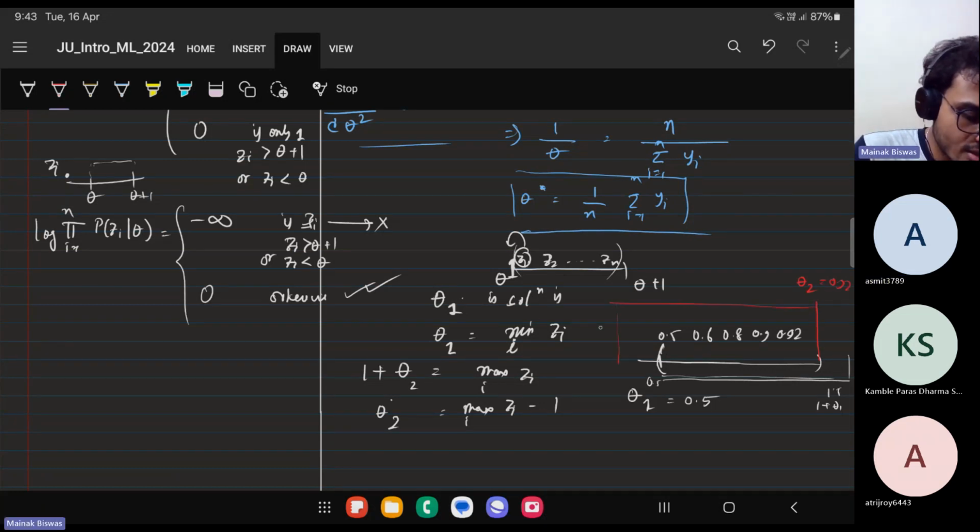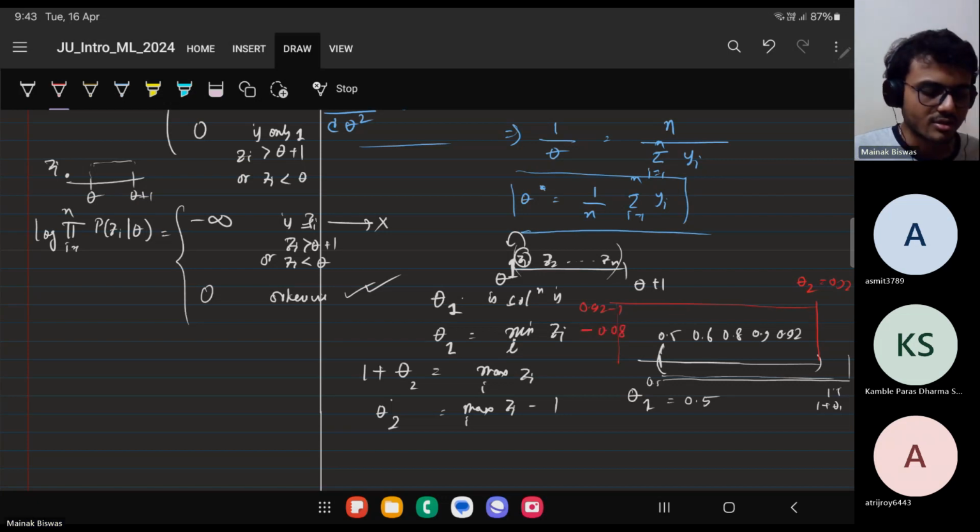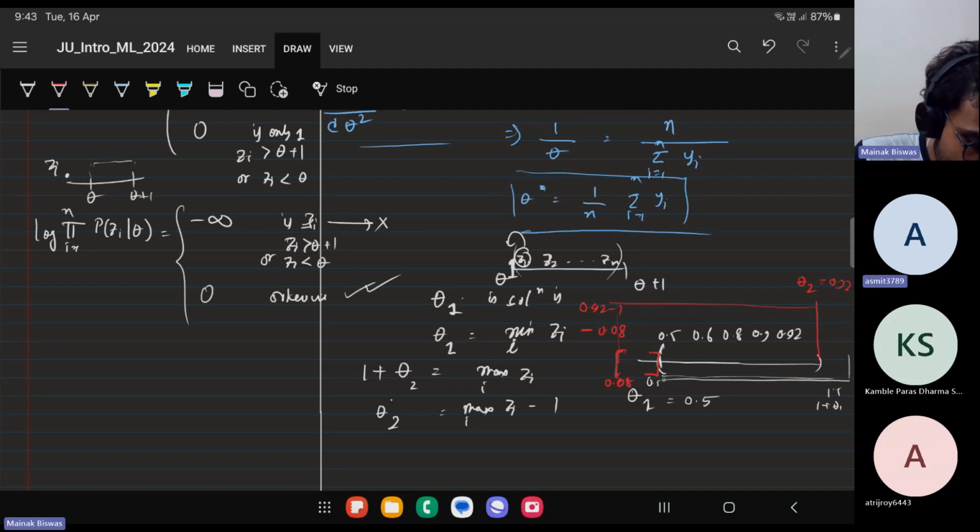So do you agree? 0.92 minus 1, this is negative 0.08. Between negative 0.08 and 0.92, all the data points will be contained. Yes or no? So all thetas between negative 0.08 and 0.5 will be valid thetas.